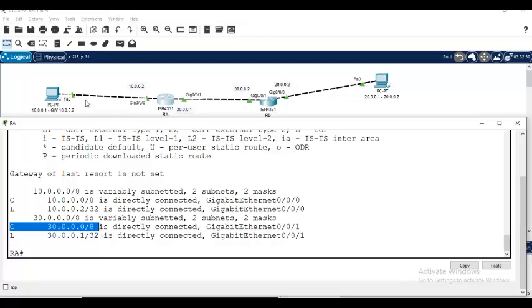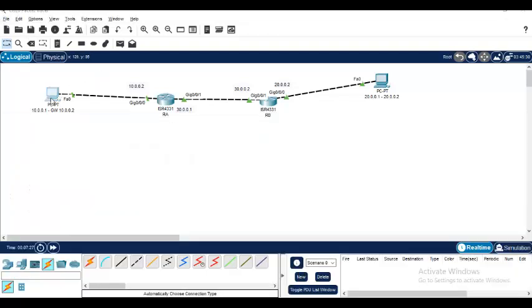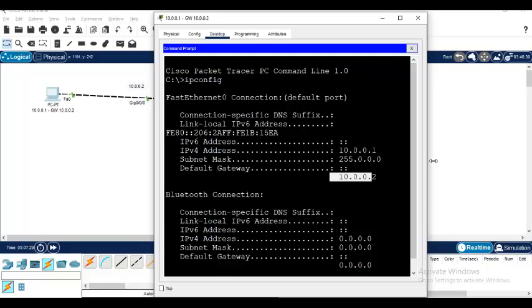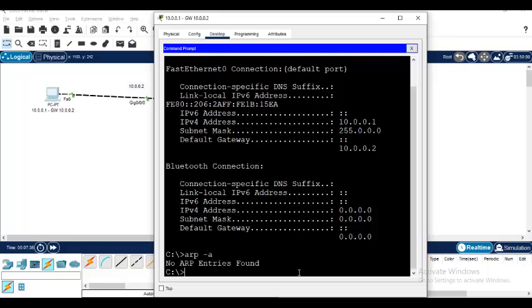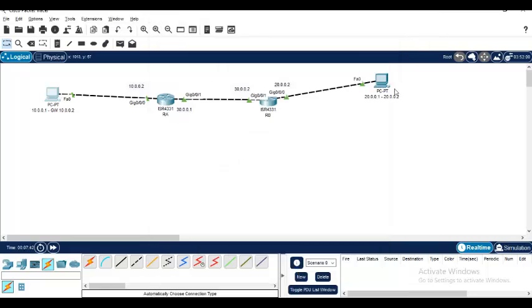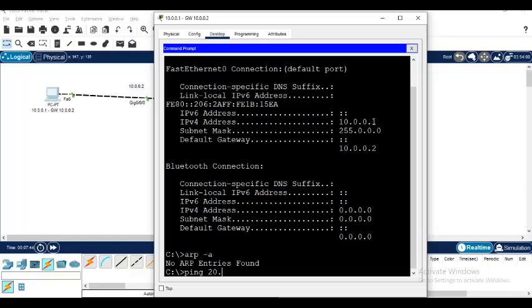At this moment, this router cannot ping 20 because there is no route to 20. I'll show you by going to this PC. I'll try pinging, see what happens. Before I ping, let me show you the ARP table. ARP -a. You see, there is no entry at all. Now I'm going to ping this 20 only. 20.0.0.2. You see, what am I getting?